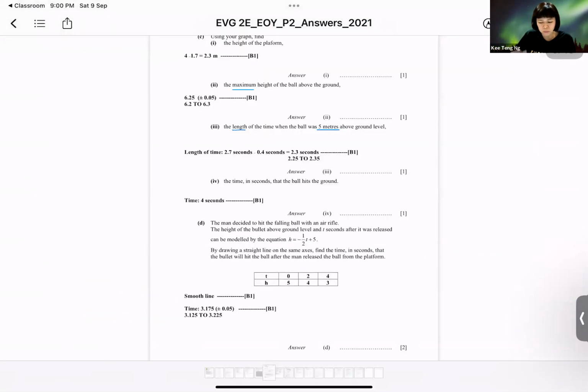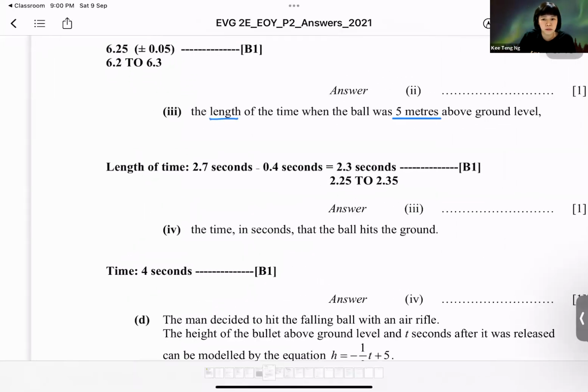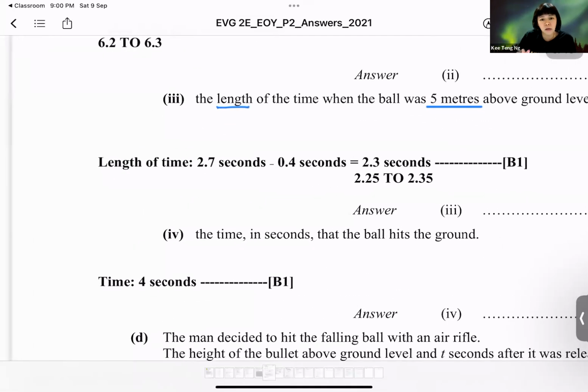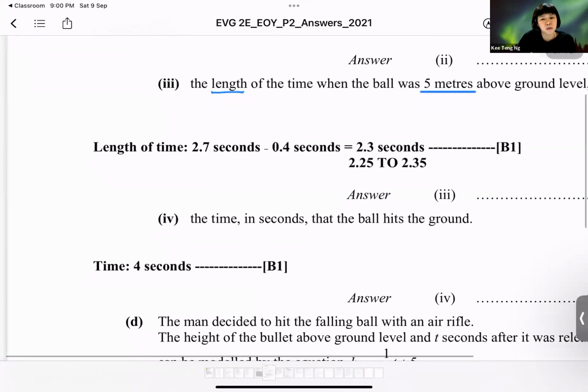Or I'm not sure, maybe plus or minus 2.7. So over here she used 2.7. So the length of time will be the subtraction of these two timings, so 2.7 minus 0.4, or maybe 2.6 minus 0.4, or maybe 2.7 minus 0.35 or whichever. So approximately it is 2.3 seconds.